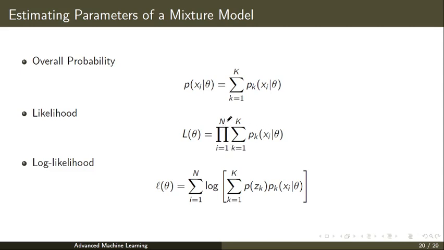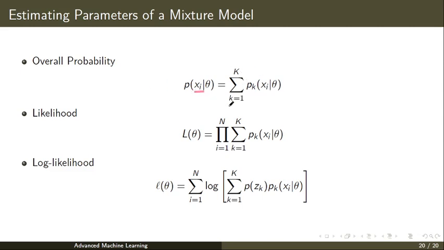Let's say you have n samples, i from 1 to n, and we have k clusters, k equal to 1 to k. Then the likelihood of theta is the product over all these probabilities.